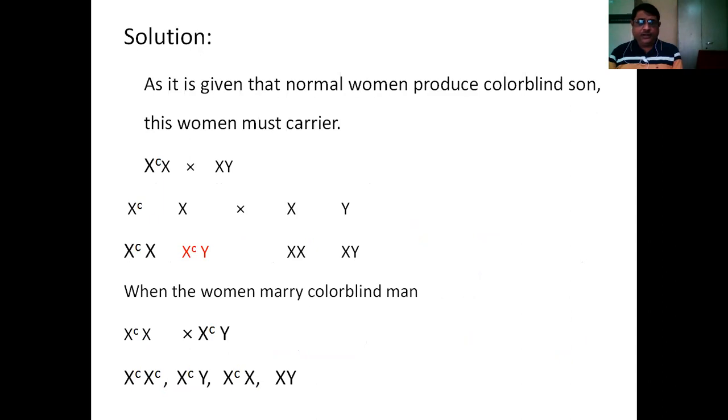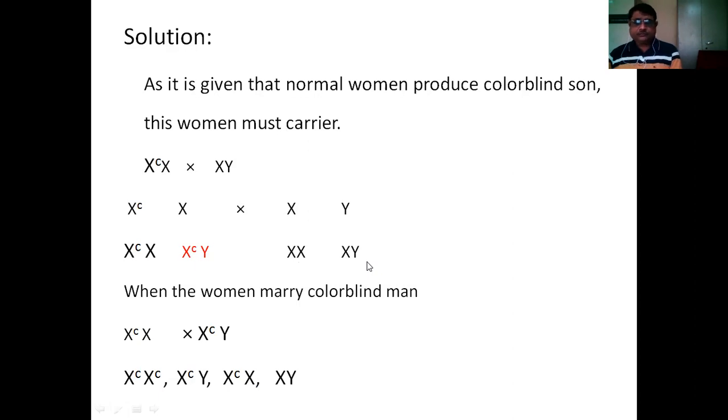Definitely, if the mother is normal, that means the other copy of the X chromosome is normal. So the mother will be a heterozygous carrier with the genotype XCX, while the male will have the genotype XY. The female will produce the gametes XC and X, while the male will produce the gametes X and Y. In the F2 generation, we will get XCX, XCY, XX, and XY.